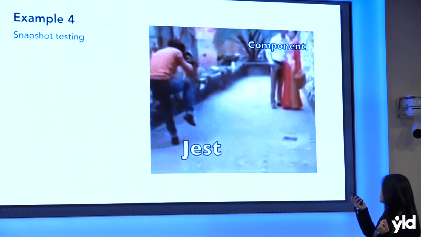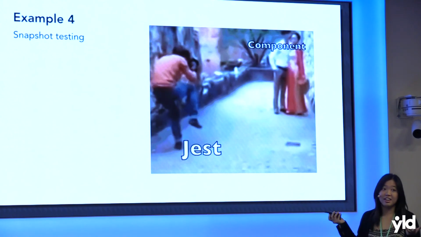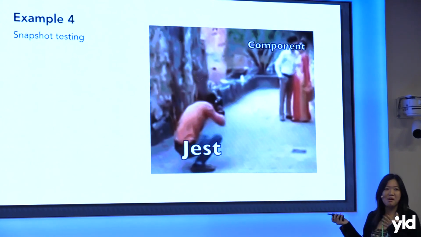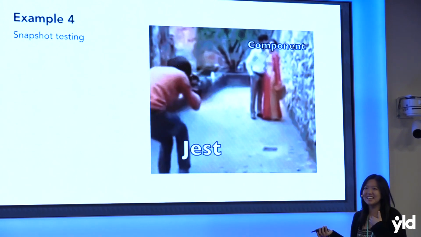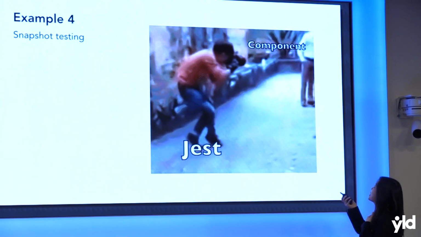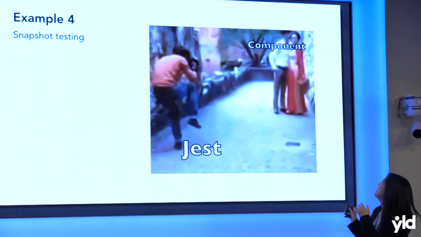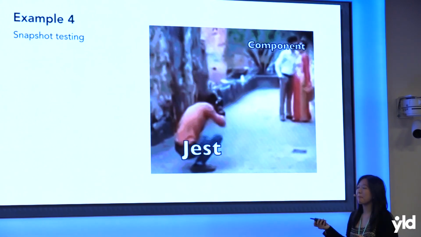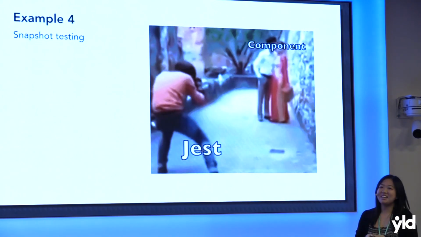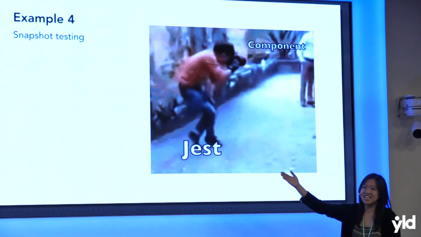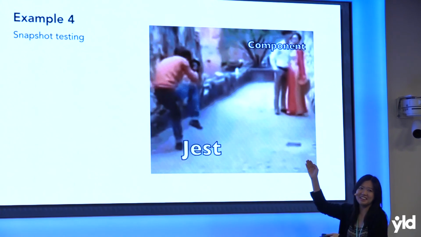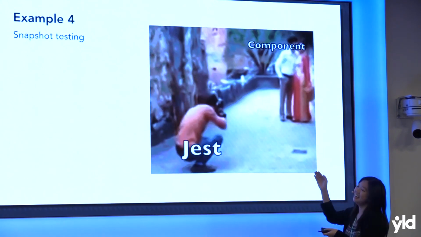For those of you who have not done snapshot testing before, what is snapshot testing? I found this GIF that someone created on a blog talking about snapshot testing, and I think this is their way of explaining what snapshot testing is. That is your component, and this is just taking a snapshot of your component at that moment in time.